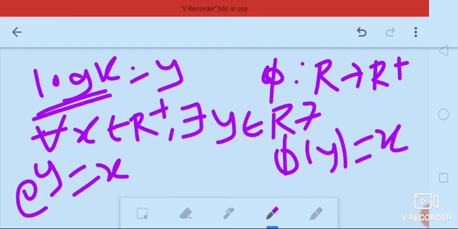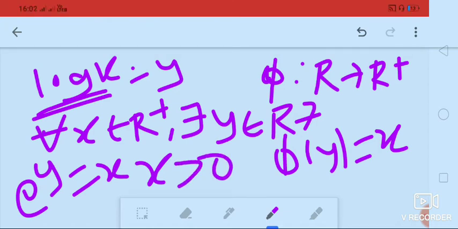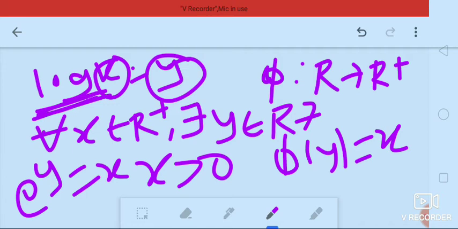Here x belongs to R plus, so x is greater than 0, a positive number, so this is defined. So every element in R plus has a pre-image.